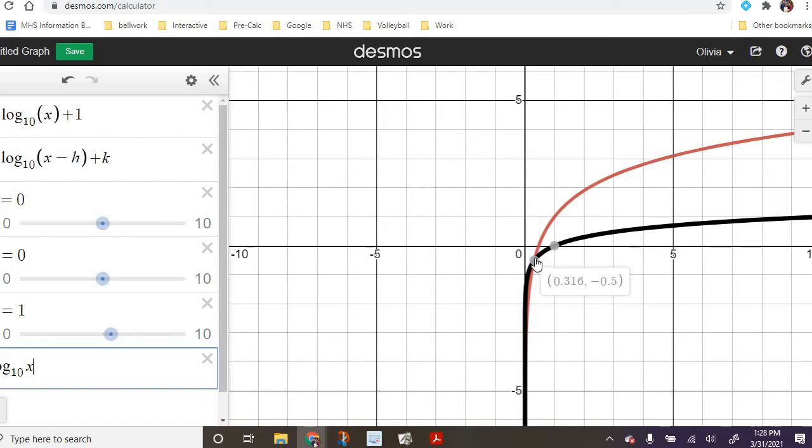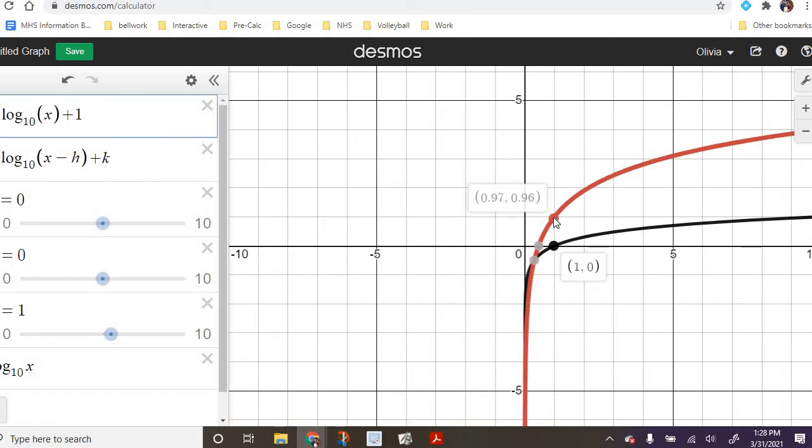So notice that on my black graph, I have an intercept at 1, 0. And notice that now on my red graph, we've shifted that, it's a little bit hard to tell, but to approximately 1, 1. And that's because notice this 1 on the outside has shifted everything up.